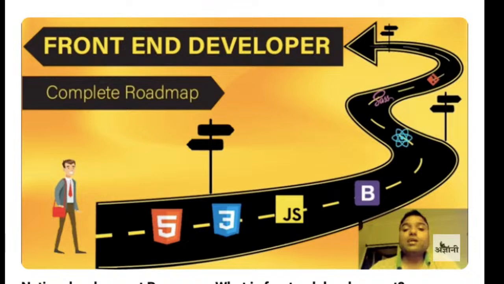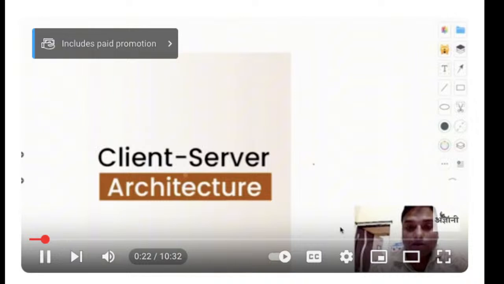A client is any machine that is capable of getting information over the internet. So if a machine is able to get information or any resource from the internet, we call it a client. These clients may be your PC, your laptop, or your mobile devices.